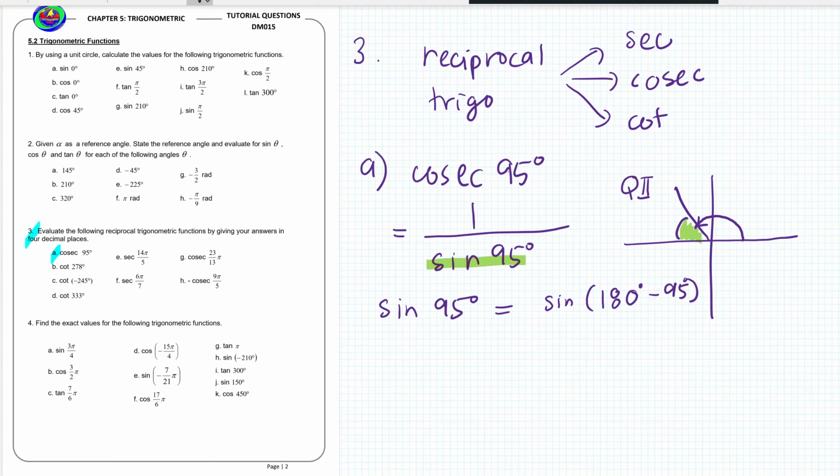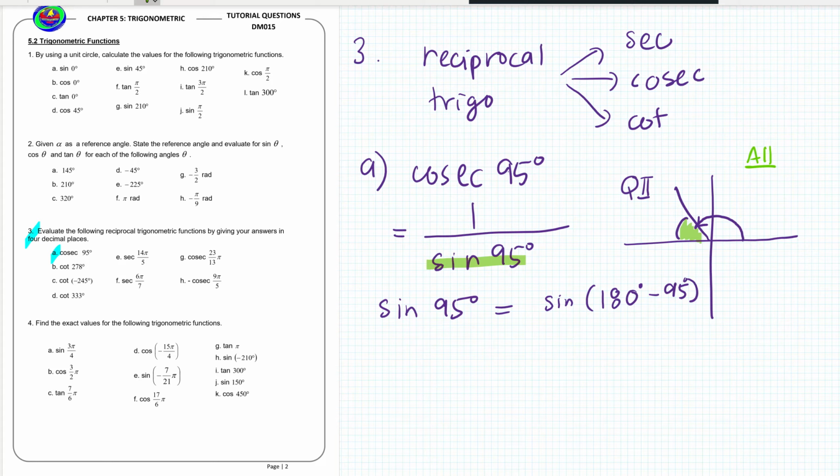As you have learned in the video, we have the signs for the quadrants. For the first quadrant we have All, so sine, cos and tangent have positive values.